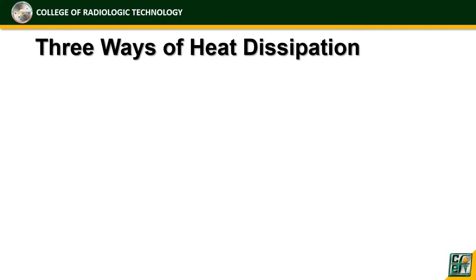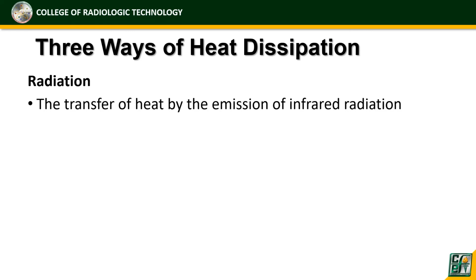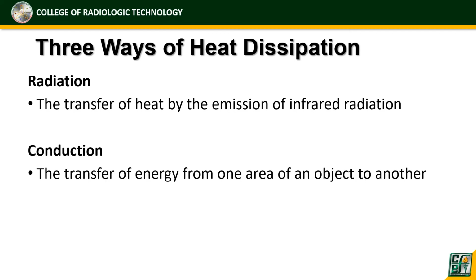Okay, there are three ways of heat dissipation. We have radiation, conduction, and convection. So ano bang pagkakaiba ng tatlo? Okay, anyone? Let us see kung tama ang inyong mga kasagutan. One, radiation: transfer of heat by emission of infrared. Then conduction: transfer of energy from one area of an object to another.